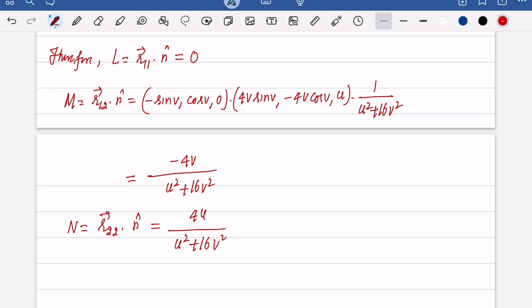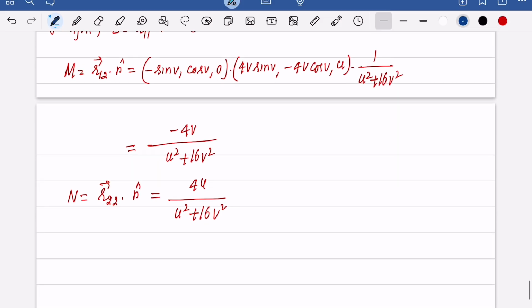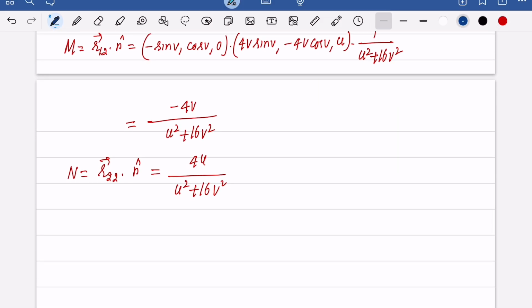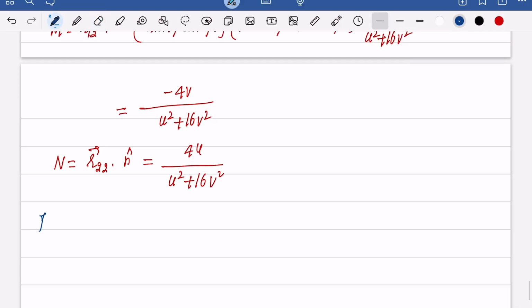The details are left as exercises. Therefore we can write down the first and the second fundamental forms. Thus the first fundamental form is M1, which is equal to E du² plus twice F du dv plus G dv². So this is equal to du², because E is equal to 1.